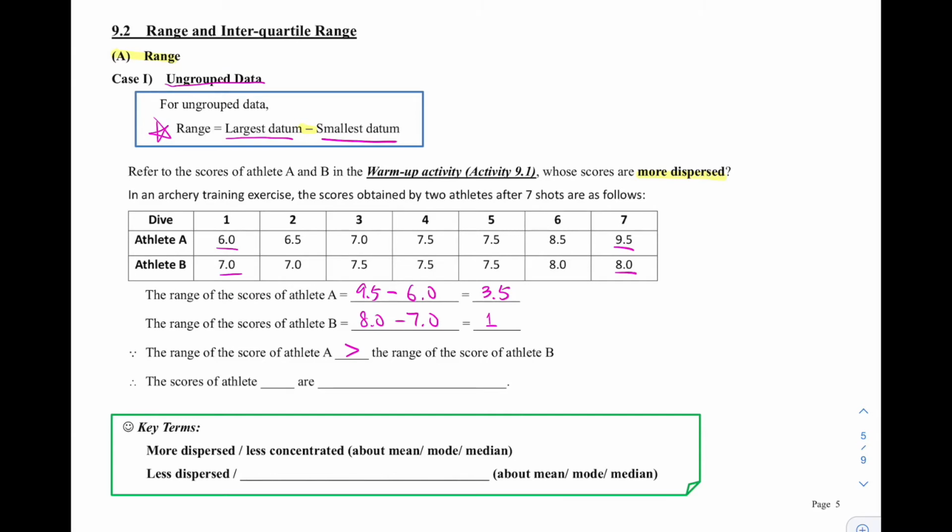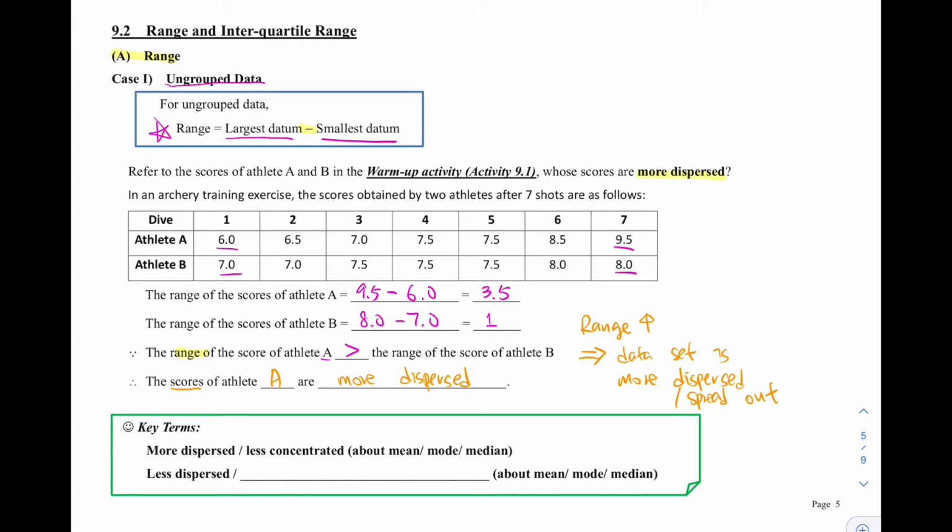So when the range is greater, we will say the score of A, this data set, is more dispersed. So when the range is larger, this implies the data set is more dispersed or more spread out.